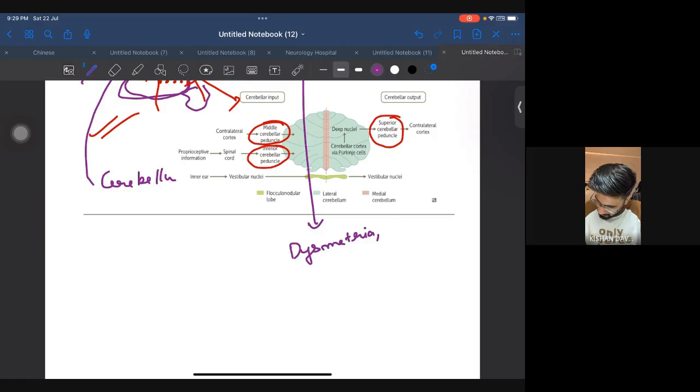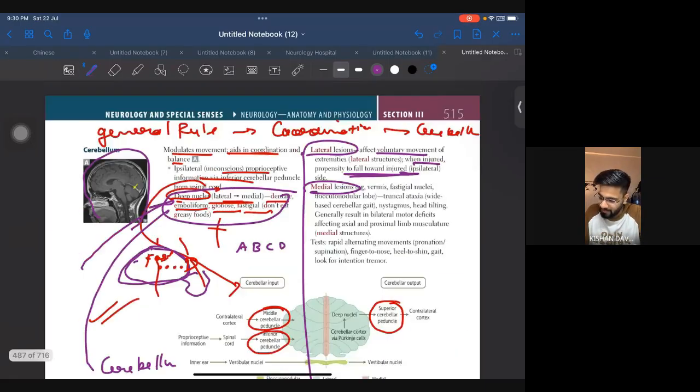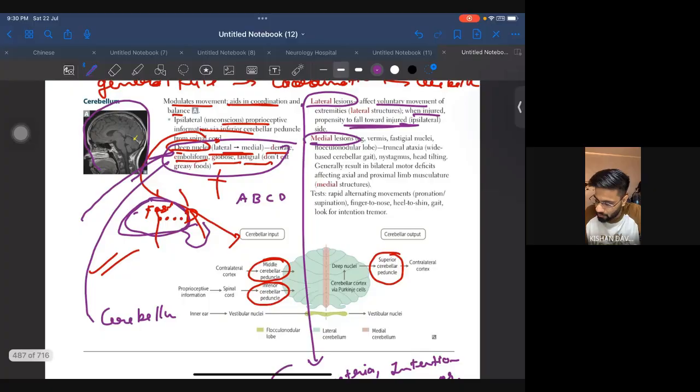So what happens in the lateral lesion? Dysmetria, intention tremor, problems of direction, force, speed, amplitude. The patient is not aware of any of this; the patient doesn't know what is going on. And if it is a medial lesion, truncal ataxia, nystagmus, and that's it. So truncal ataxia most commonly.